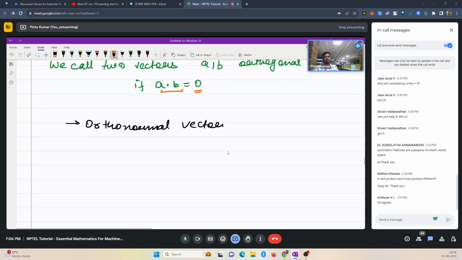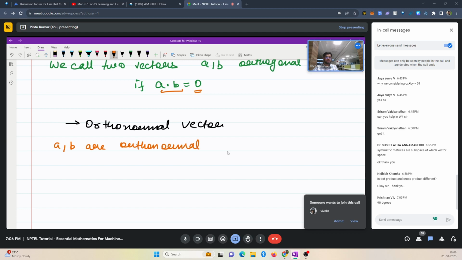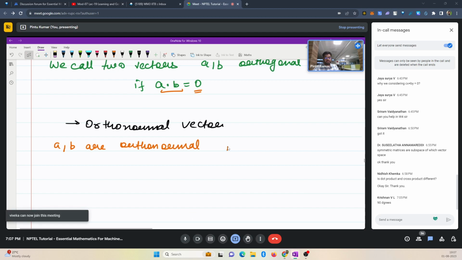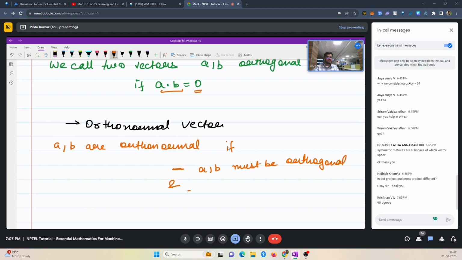Now next is orthonormal vectors. Two vectors a and b are orthonormal if, first, a and b must be orthogonal, and second, the length of a and the length of b must be 1.